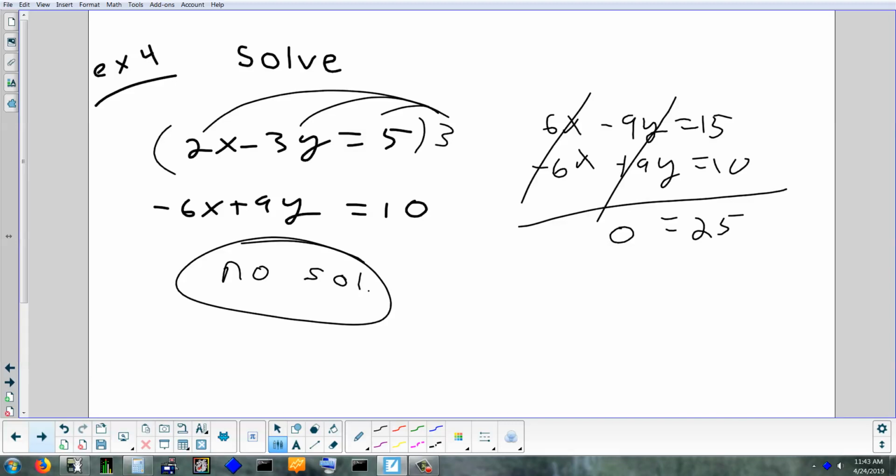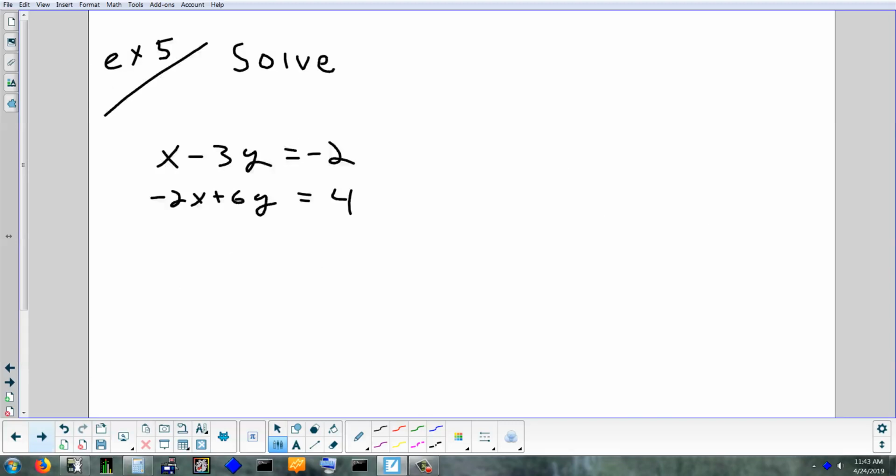If you were to graph these, they are parallel lines. So if you put them in y equals mx plus b, you'd see they've got the same slope. Any questions on them? Okay. That's another special case, which probably comes out to a true statement, but I'm going to skip over it.